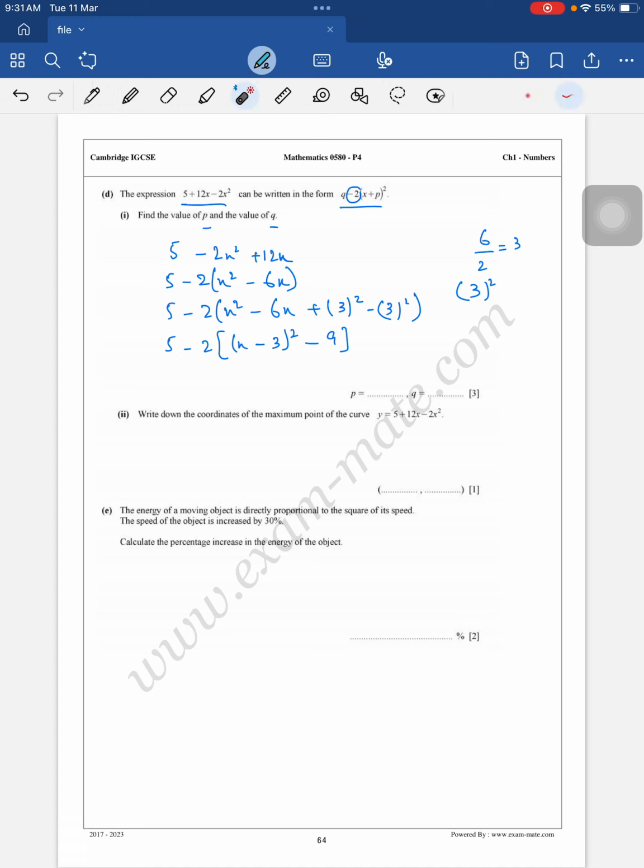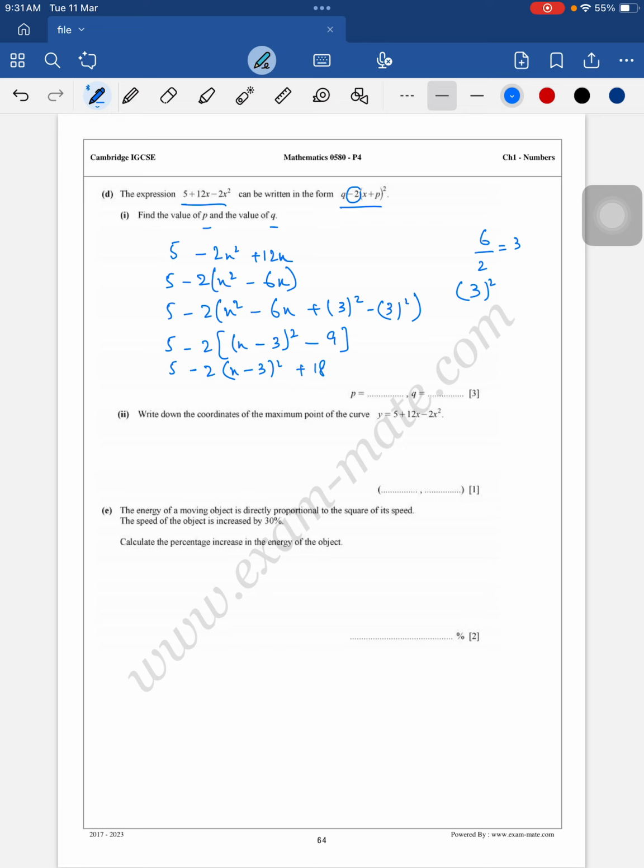Now you can see in the question I need to eliminate this part. I will have to take it out so that I can get this whole as an answer. So 5 minus 2 x minus 3 the whole square, minus 2 gets multiplied by minus 9, I'll be getting plus 18.